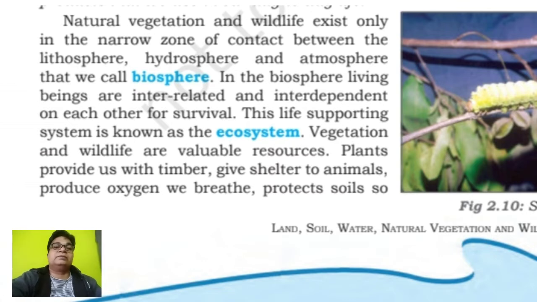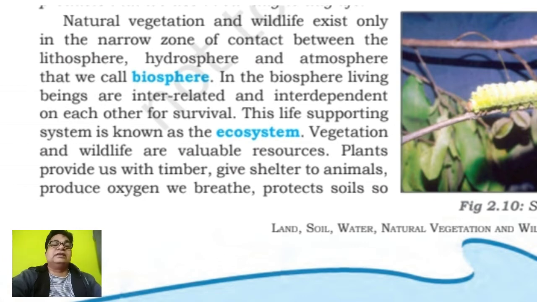hydrosphere, and atmosphere. Lithosphere is the land surface, hydrosphere is the water surface, and atmosphere is the air surface. So there is a narrow contact zone where all these three spheres come in contact with each other. We call it biosphere.